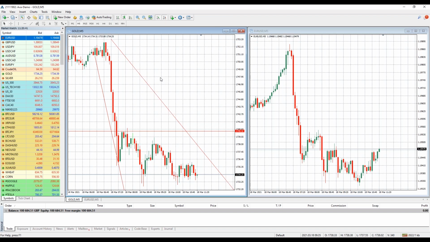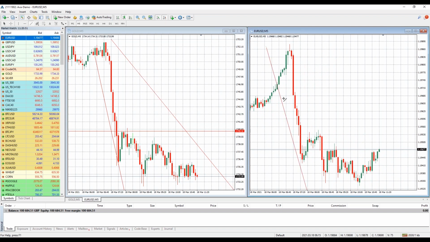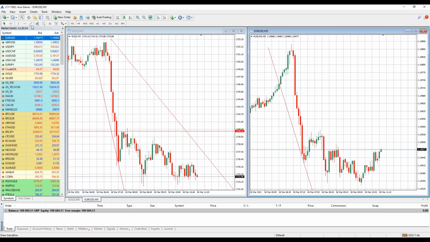So we see USD strengthening back, pulling gold down, pulling the euro down. That's how we know it's USD related and not something just specific to one region. We see euro dropping, gold dropping against the USD.